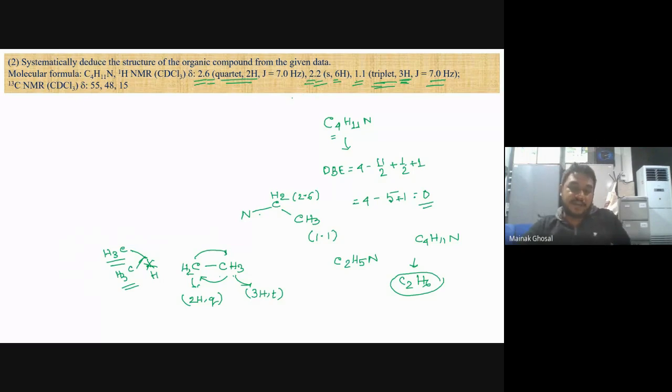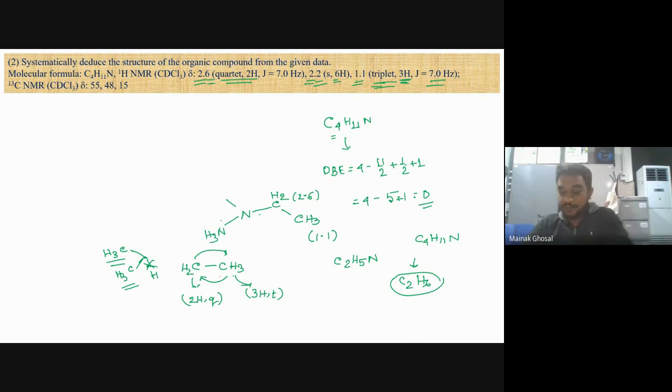So this much high value, this methyl proton generally comes at 0.91 kind of thing. This is coming at 2.2. That is an indication that it is attached to another heteroatom, which gives this high methyl delta value.